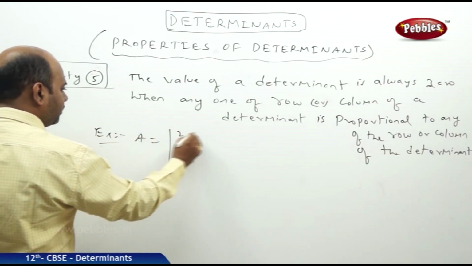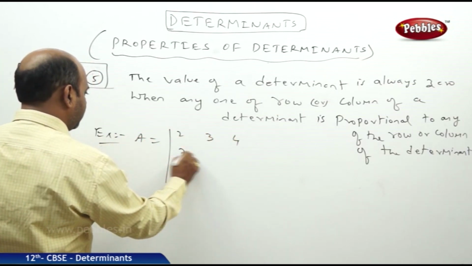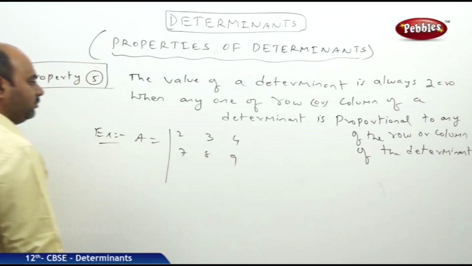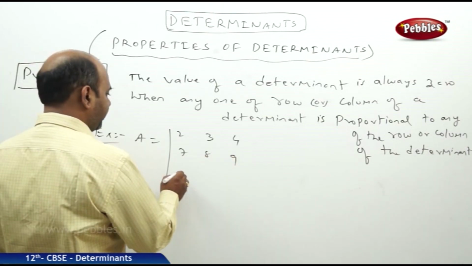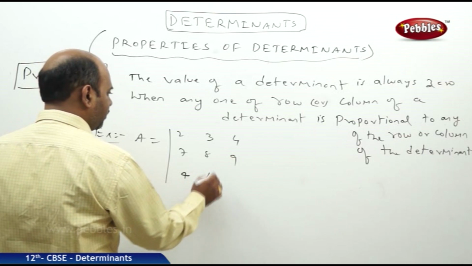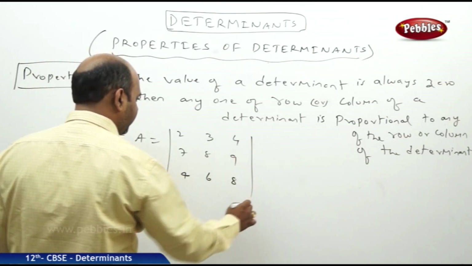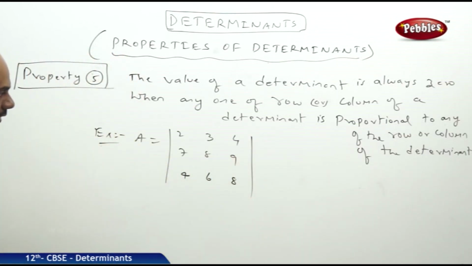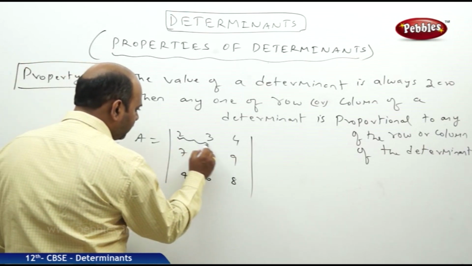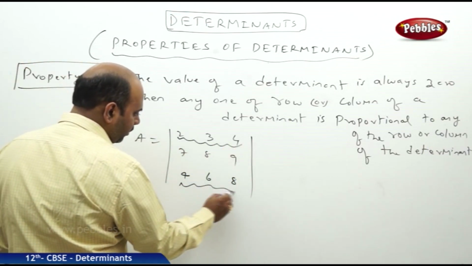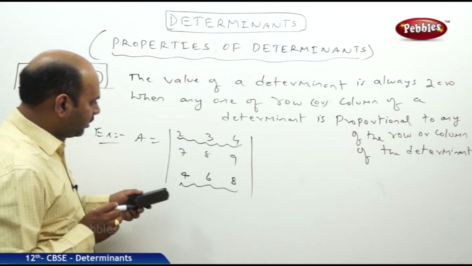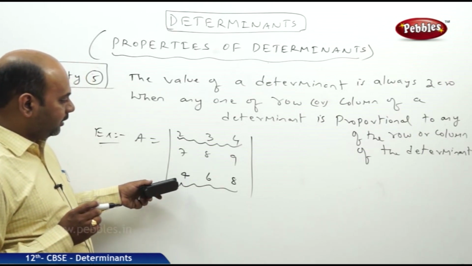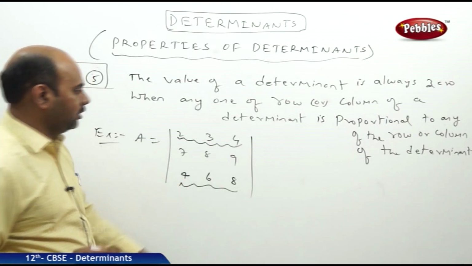Capital A is equal to 2, 3, 4 and here 7, 8, 9, and here 4, 6, 8 I shall be taking. If you observe carefully, the first row and last row are proportional to each other, because if I take 2 common, it becomes 2, 3, 4 only.